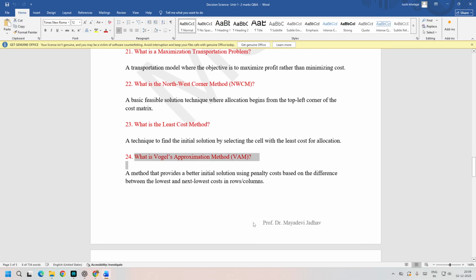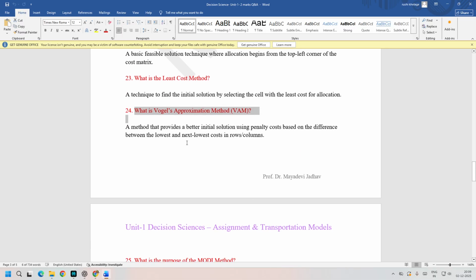VAM. A method that provides a better initial solution using penalty costs based on the difference between the lowest and next lowest cost in the rows or columns. This is the Vogel's approximation method.